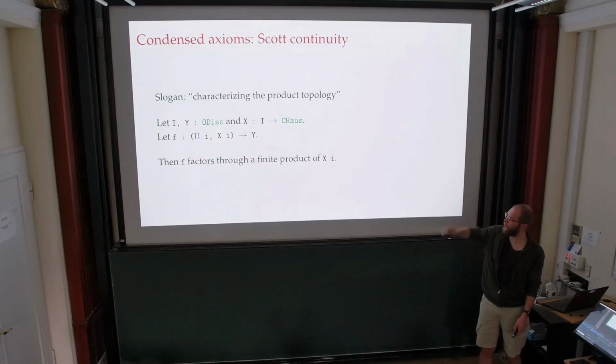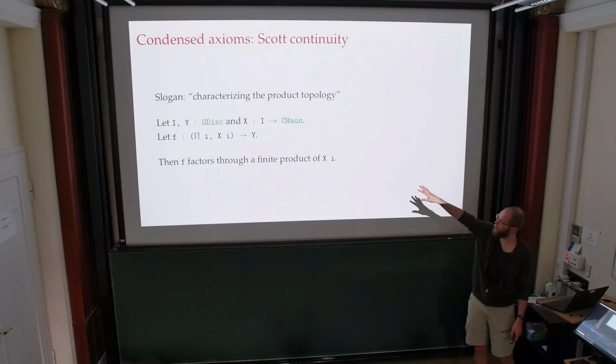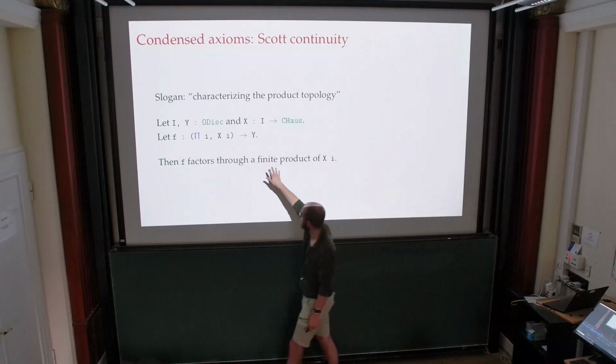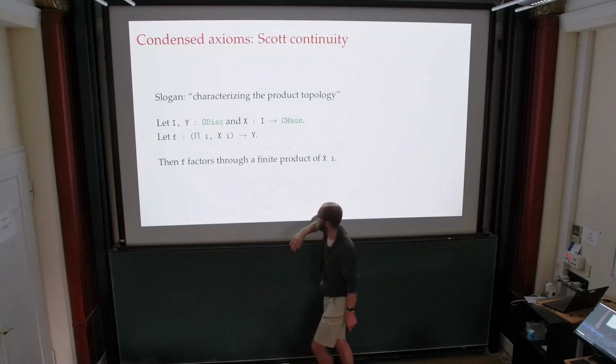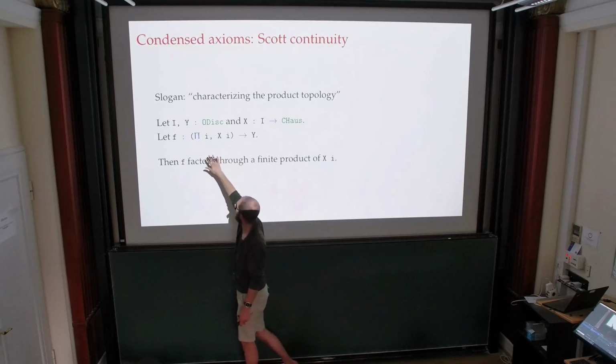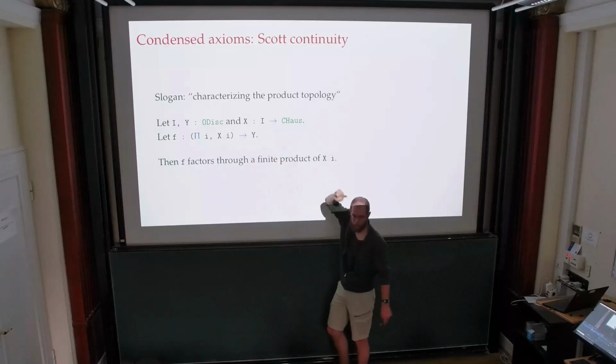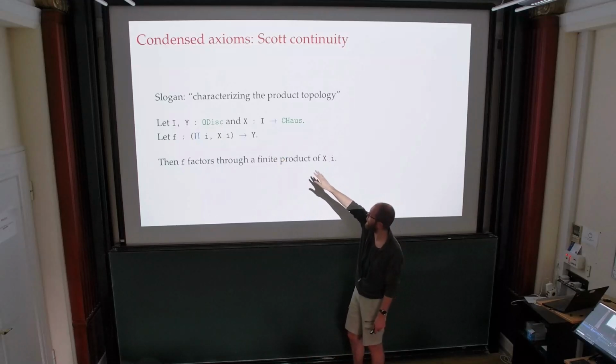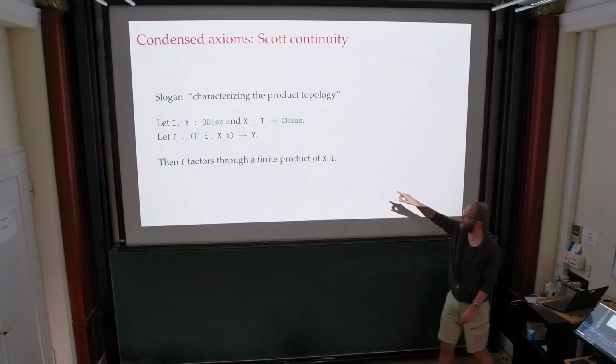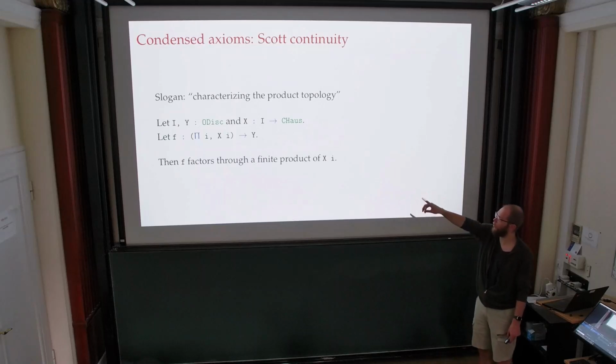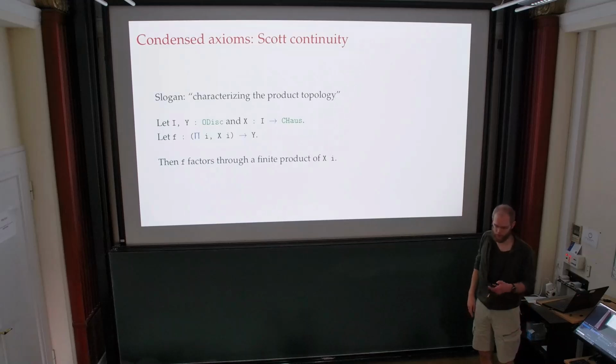By the previous axiom, the product is compact and Y is discrete, so we already know this has a finite image. But what's not clear is whether it depends on only finitely many coordinates in the domain, and this axiom says it does.